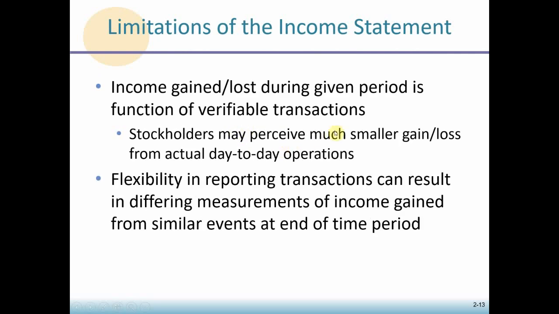So, limitations of the income statement, right? Just all kinds of things can happen in a quarter or a year that don't really have an effect over the long term for a particular corporation. COVID years are a good example, right? A lot of companies took a big hit.